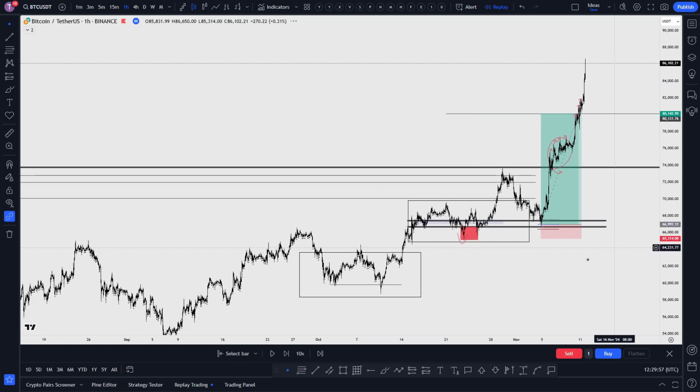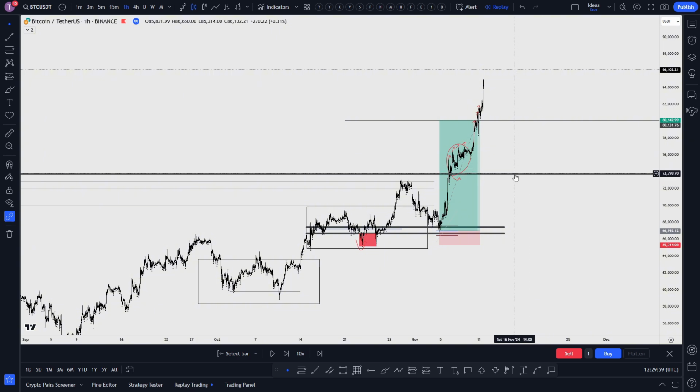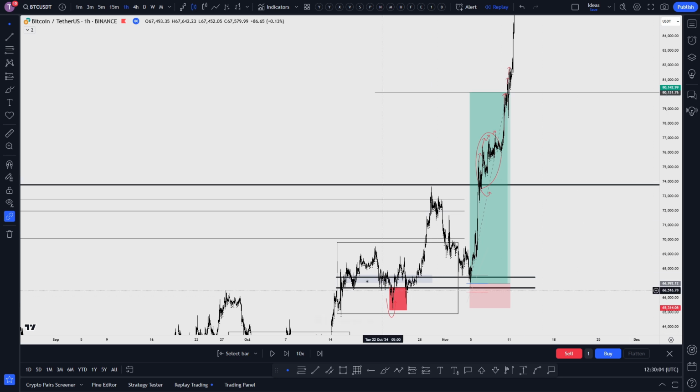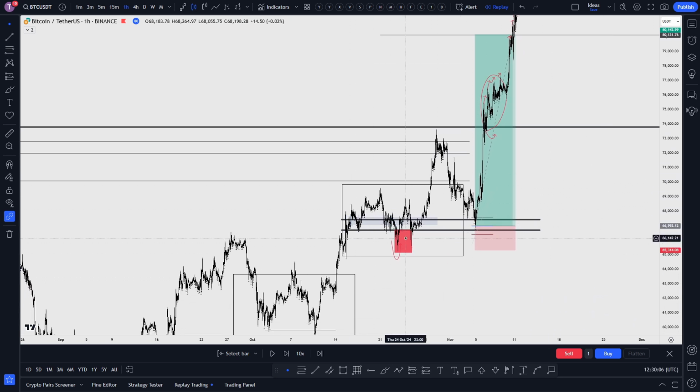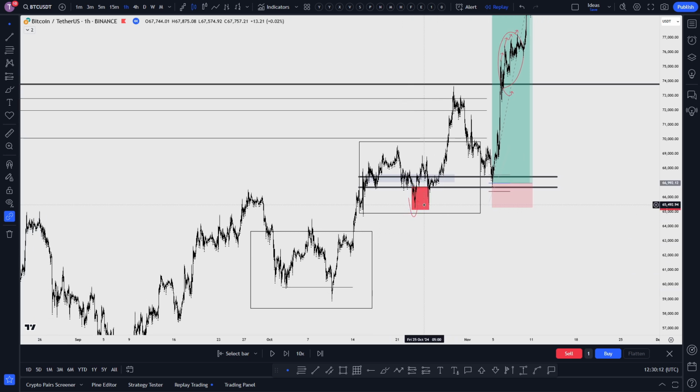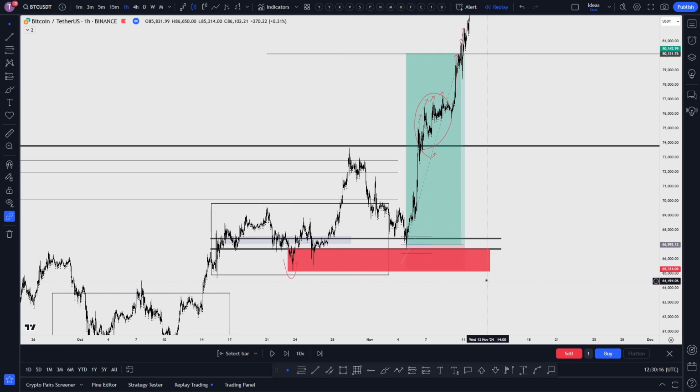So what I like to do is look for a key higher time frame level, and I like to trade from the key higher time frame level where there has been some decent manipulation, which was this box right here, which will always be my stop loss.